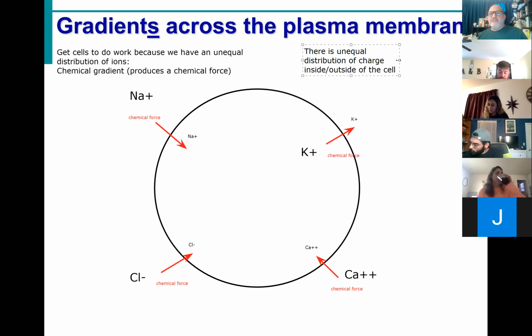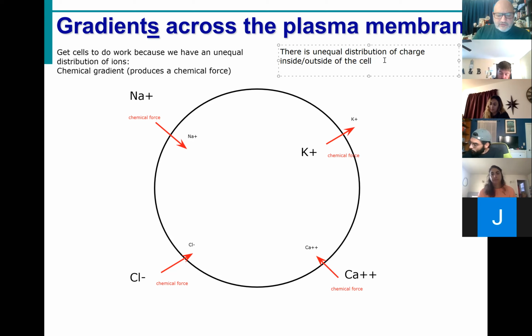Right, because these ions have a charge to them, there's an unequal distribution of charge inside and outside of the cell. We actually call this the membrane potential. And essentially, this membrane potential produces an electrical force.